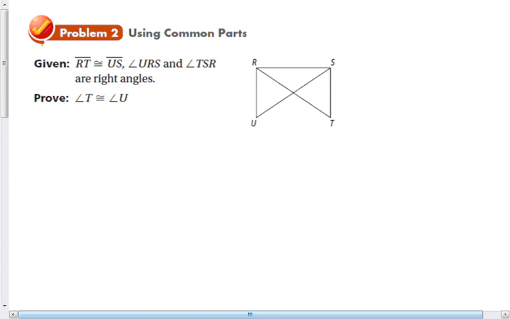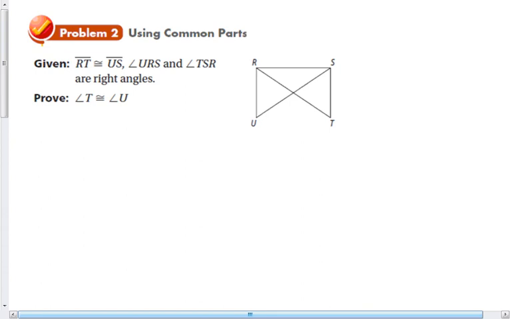All right, so we're going to use the common parts to help us prove two triangles are congruent, or parts of triangles are congruent. In this problem, we want to prove that angle T is congruent to angle U. So if we could show that the two triangles are congruent, then we can use CPCTC to show that the parts are congruent.